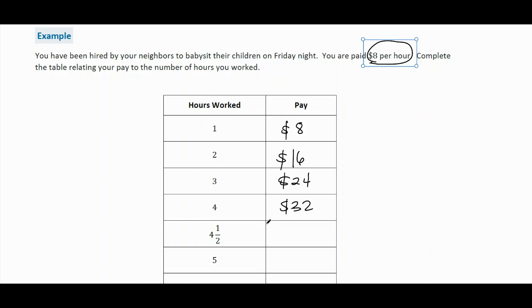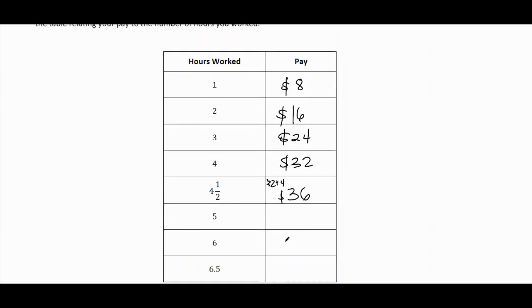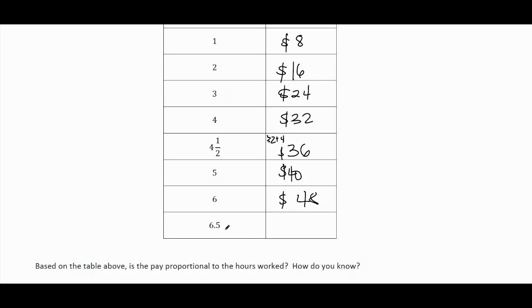So 32 plus 4 is going to be 36. Now, how about 5? That is $40. 6 hours is going to be $48, and for 6.5, the .5 is also the half, so it means 48 plus 4 is going to be 52.